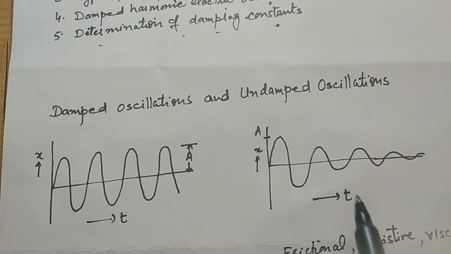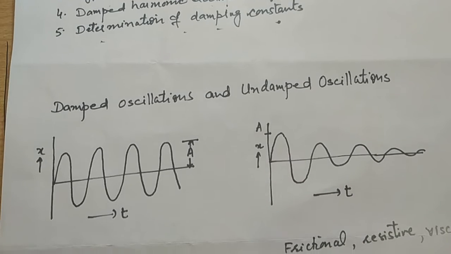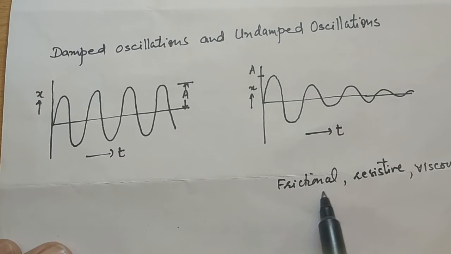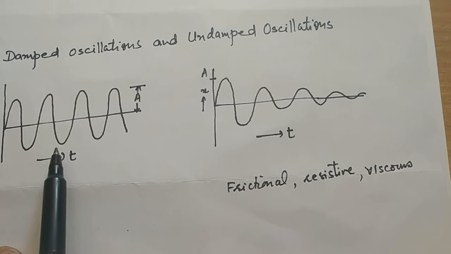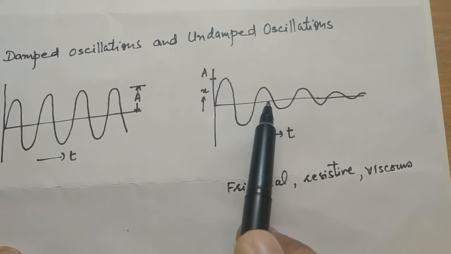This effect is due to the presence of some frictional forces in the system, or resistive forces, viscous forces. These are the few factors which make these undamped oscillations into damped oscillations.